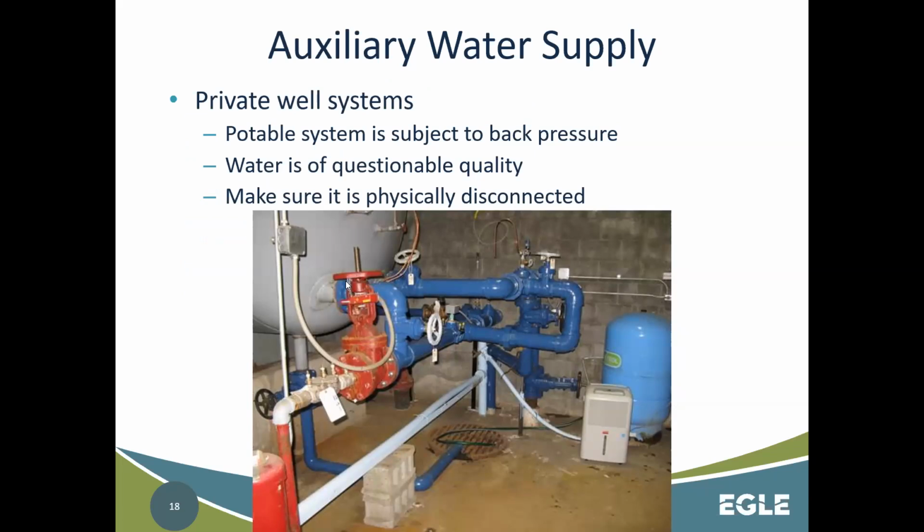This can be a problem if there's back pressure, if whatever they have for that source, from a pump or whatever is providing the water, might potentially overpressurize or exceed what our public water system has and push water into our public water system, or if it just might be a questionable source.